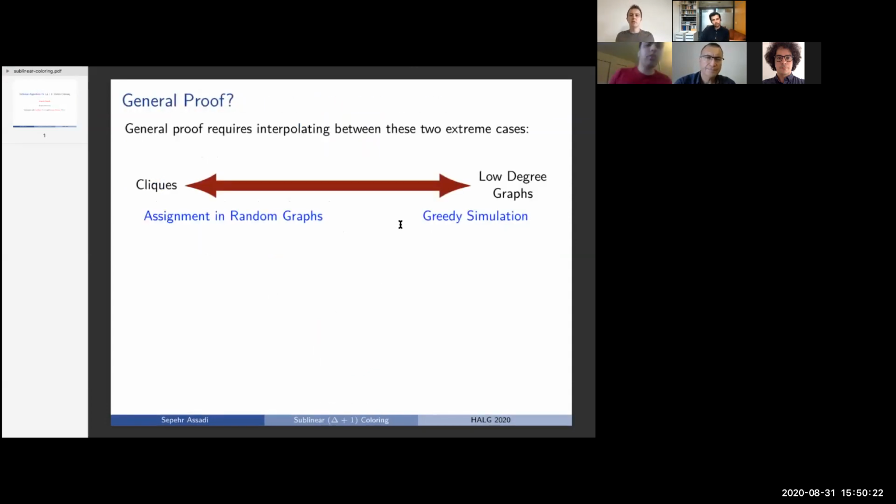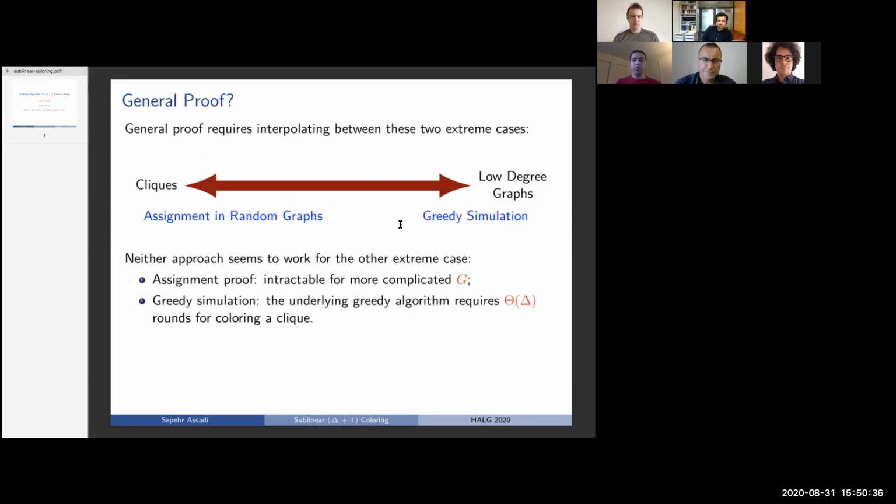So now what is the general proof? We saw that we can handle the problem when I have cliques as my input. We can handle the problem when I have low degree graphs. In general, we have to interpolate between these two. And the problem is that neither of these proofs is suitable for handling the other one.